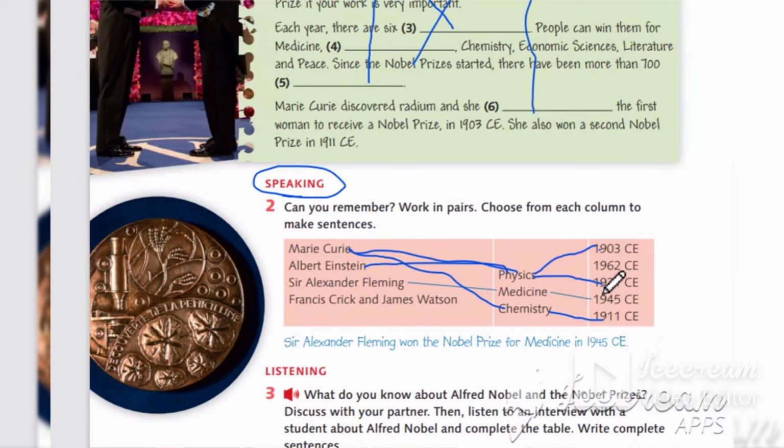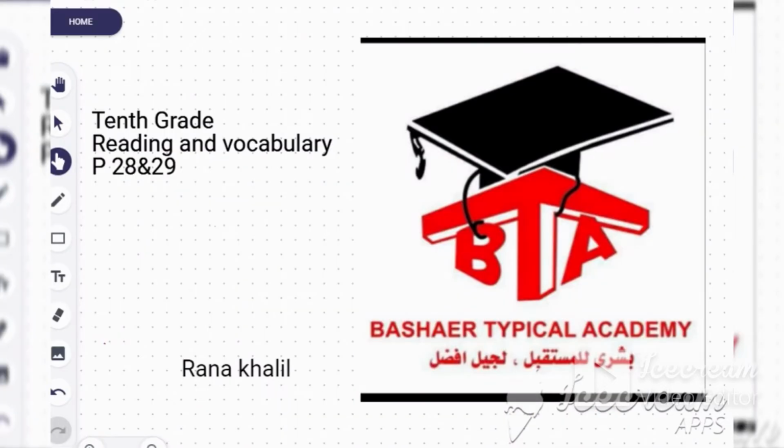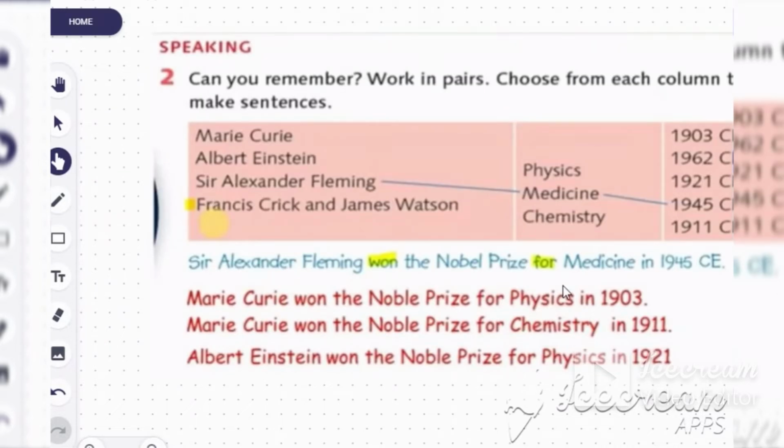Francis Crick and James Watson won the Nobel Prize for Medicine in 1962. Now we will answer them in sentences like this example, okay? I've written them for you on this page and you have to write the answers in your questions notebooks.